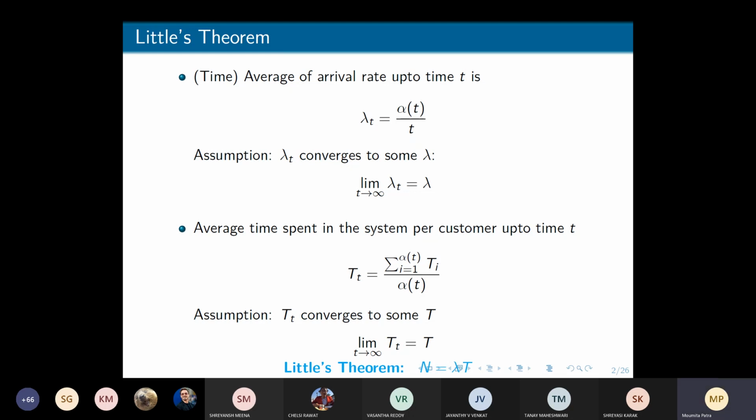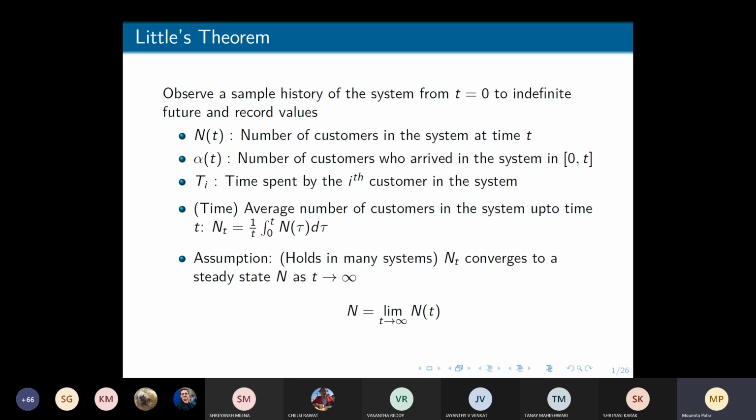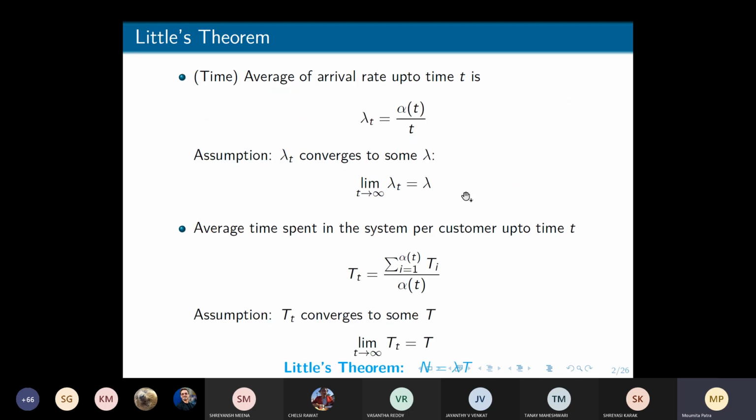Then the average time spent in the system per customer up to time t, which we also denoted earlier. Ti is the time spent by the ith customer in the system. So how can we represent the average time spent per customer?